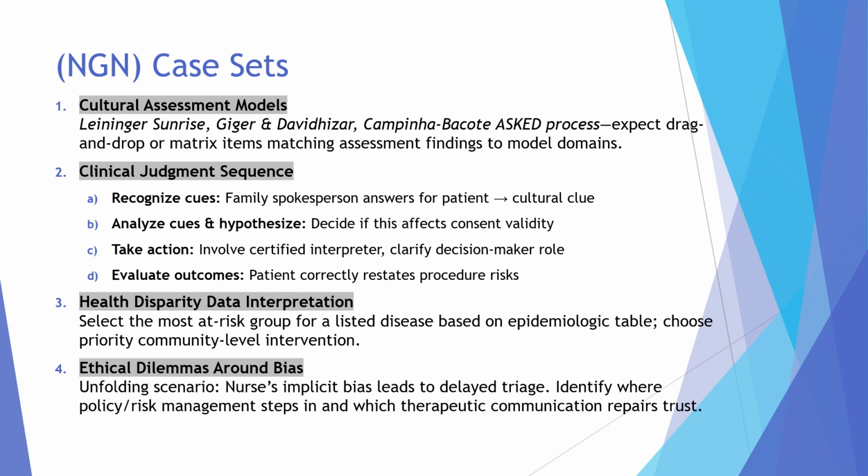I remember in LVN and NCLEX I got ethical dilemmas. Here it's an unfolding scenario: a nurse's implicit bias leading to delegated triage. Identify where policy and risk management step in and which therapeutic communication repairs trust. Very important.